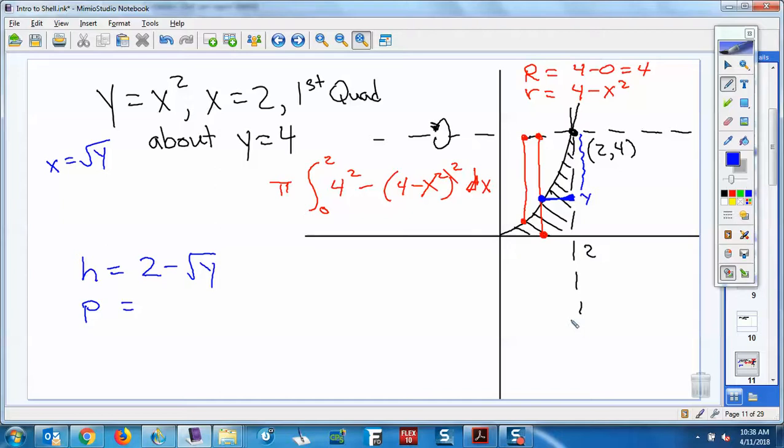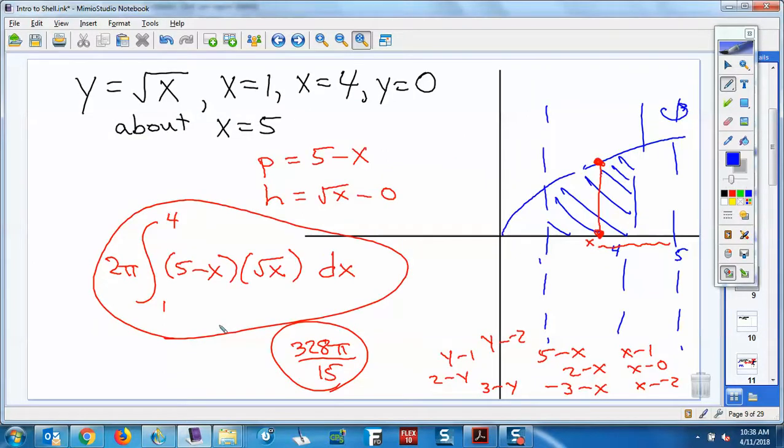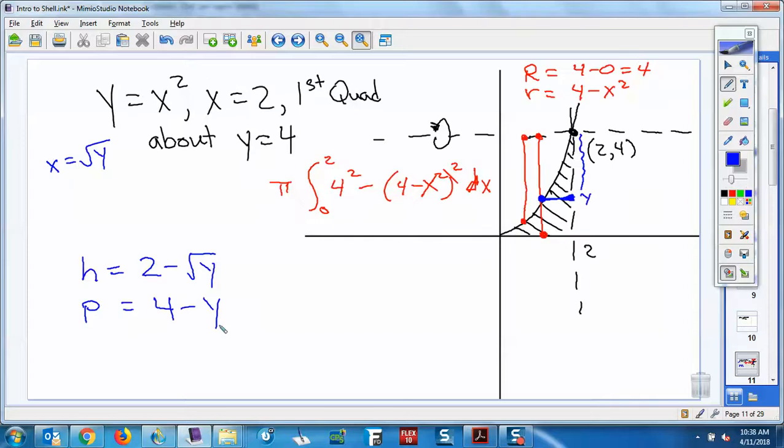P is from the center to the strip. So what is that going to be? 4 minus y. It's got to be a y, right? Top y value 4 minus bottom y value, which is just y. We don't know where that strip is, it could be anywhere in there. So it's 4 minus y. Remember, P will always look like this. Not H. P will always look like this.